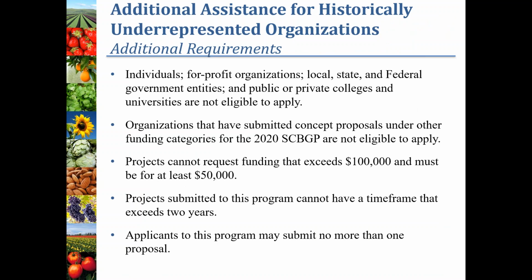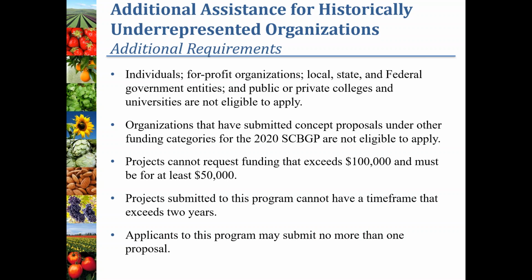Individuals, for-profit organizations, local, state, and federal government entities, and public or private colleges and universities are not eligible to apply. Organizations that have submitted concept proposals under other funding categories for the 2020 SCBGP are not eligible to apply.